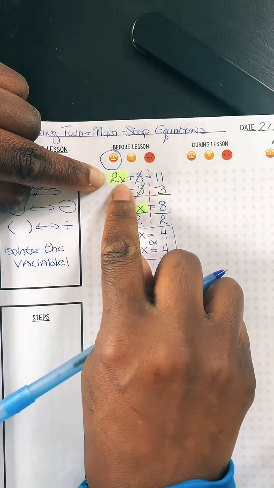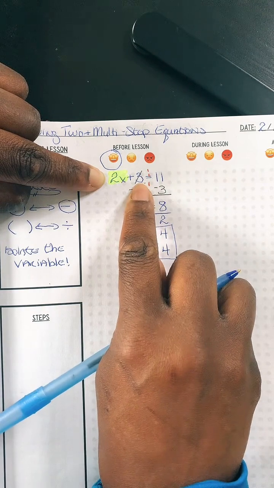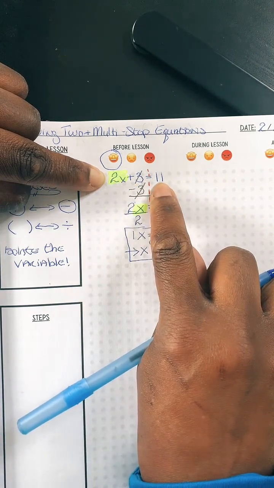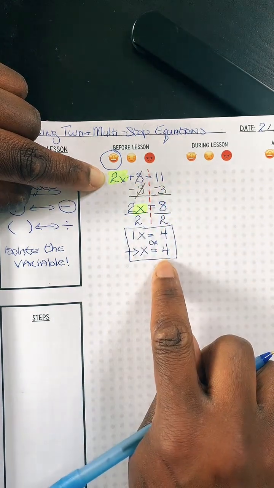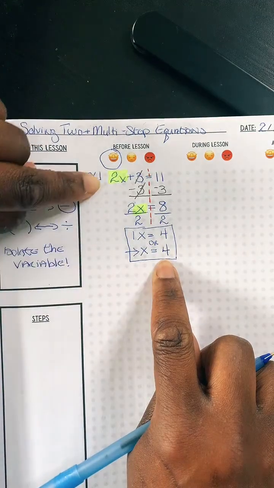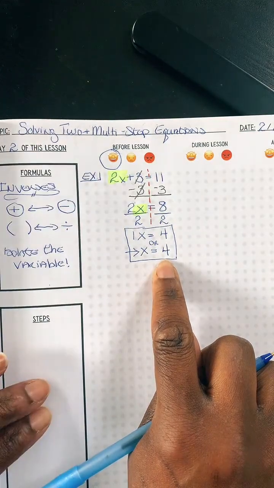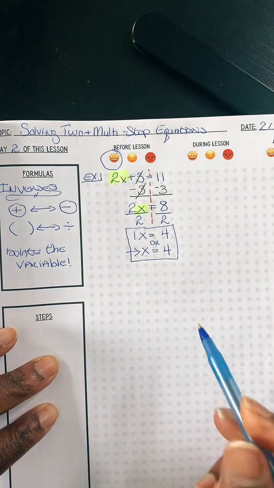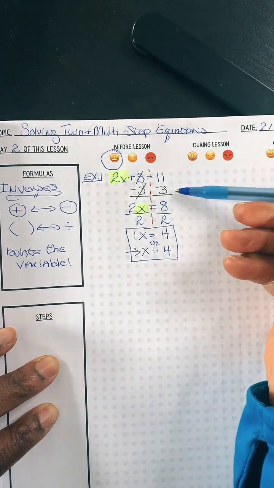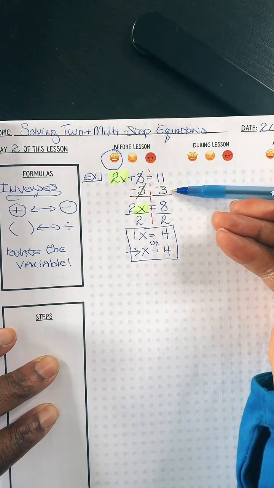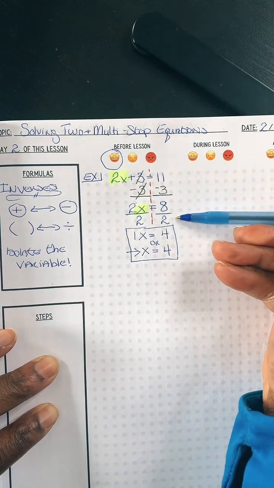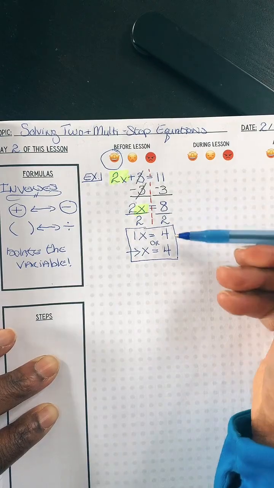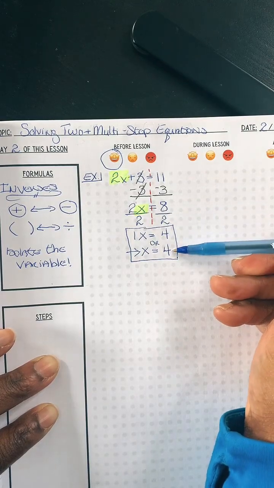Because 4 times 2 is 8, 8 plus 3 is 11, which is what it equals. So that means that 4 does make this equation into a true statement. The reason why we call this a two-step equation is because I did my subtraction here, that's 1 step. Then I did my division here, that's 2 steps to get my answer.